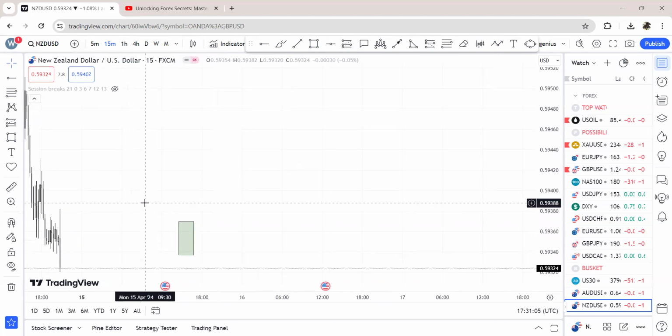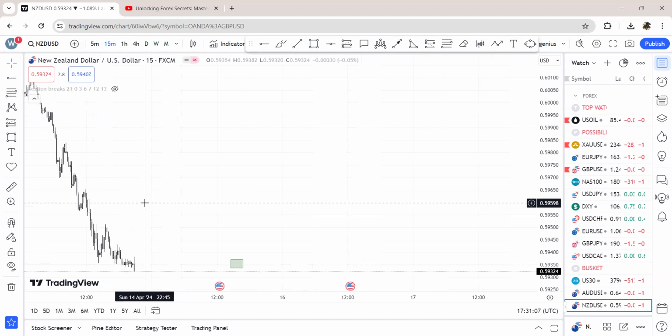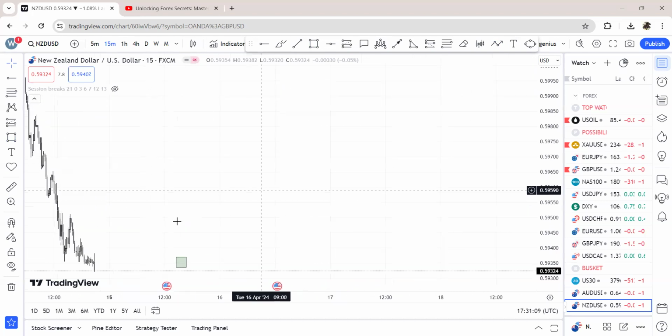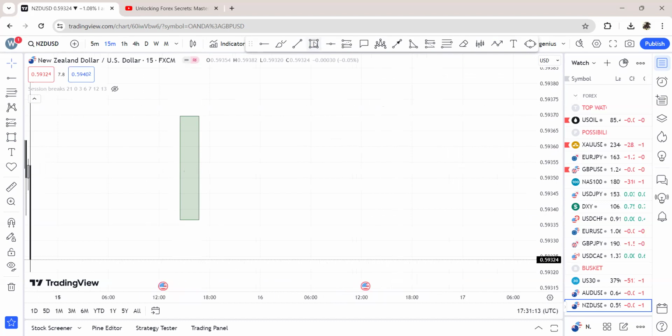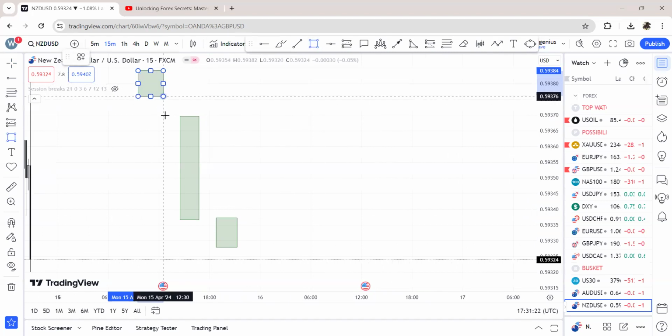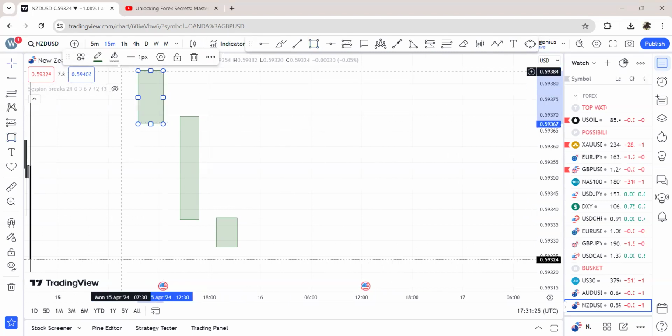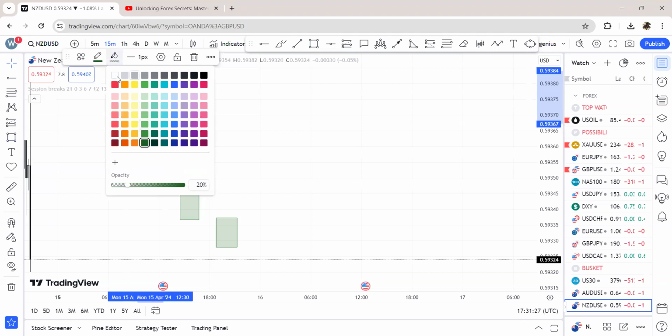We have this candle here, right? Then we have another smaller candle here. Then we can have a red candle from that top. I'll just change the background to red.